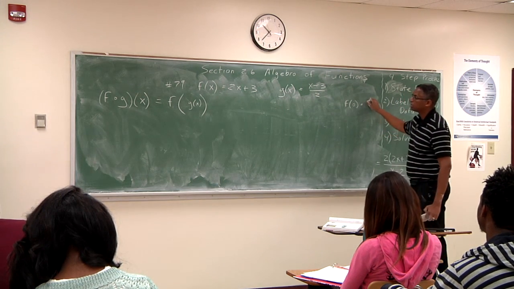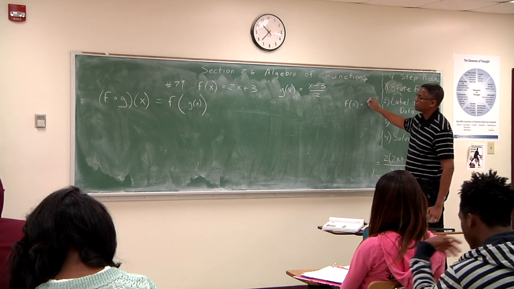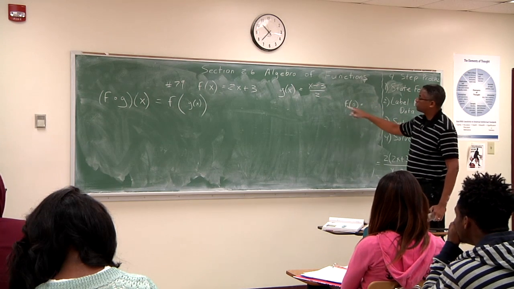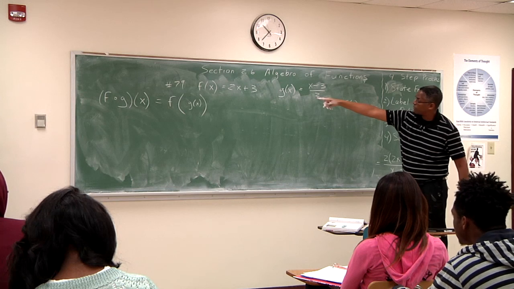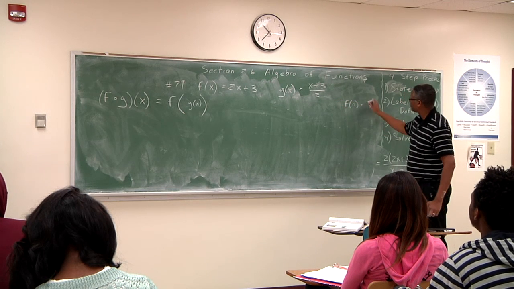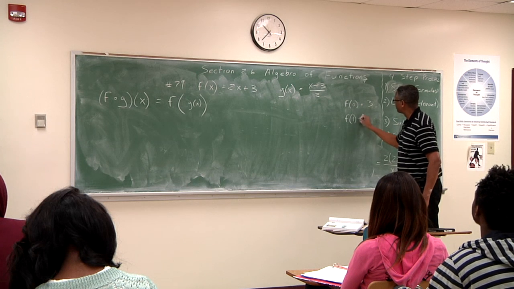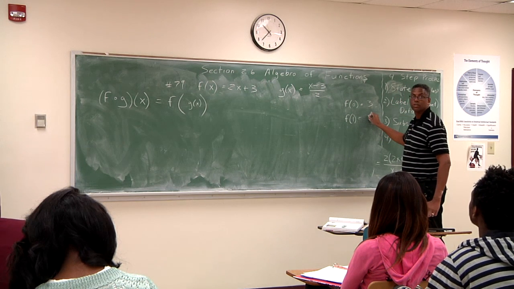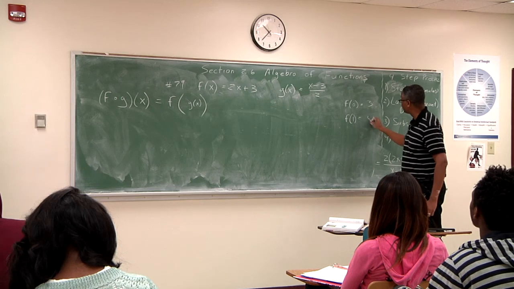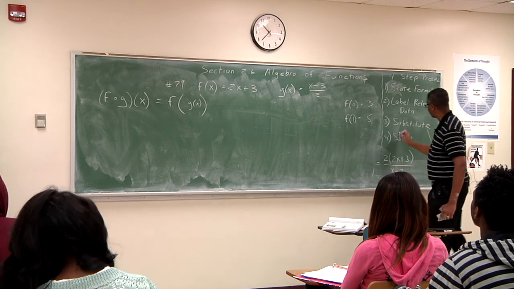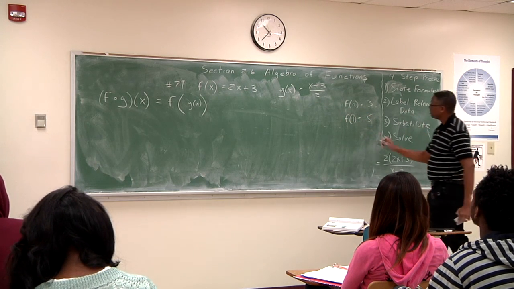What's f of 0? Plug in 0 to the function 2x plus 3. What's f of 0? 3, right. What's f of 1? 5, right. Because remember, it's substitution, right? That's a key word here, substitution.